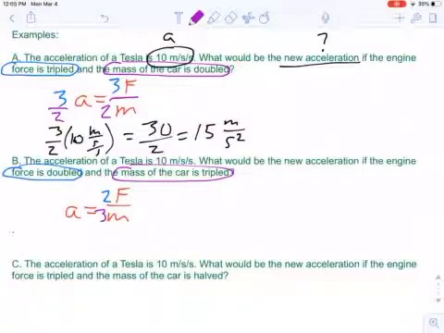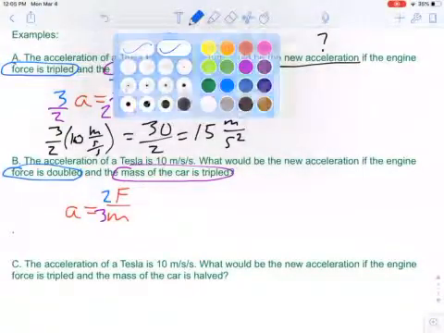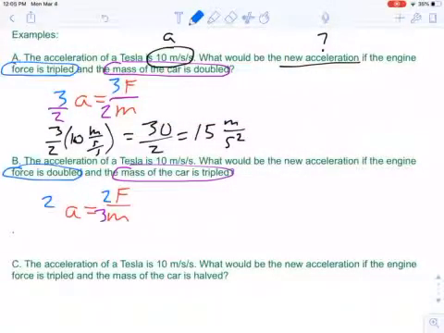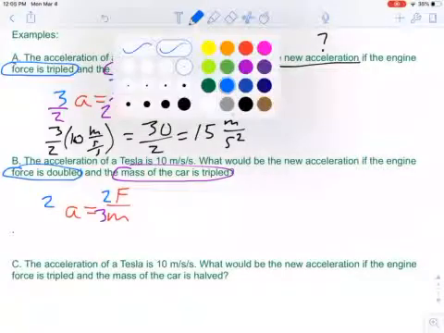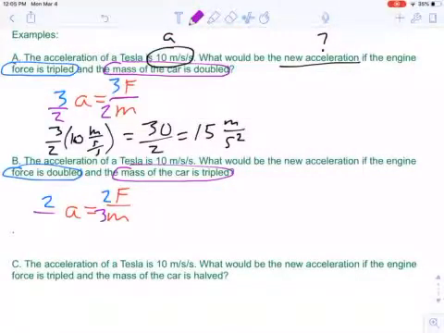So when we double the force on one side, that means we will get double the acceleration on the other side. If we're tripling the mass on one side, we will get 1/3 the acceleration on the other side. And notice again, I'm just taking what was an equation, a equals f over m, and I just multiplied both sides by 2 over 3.